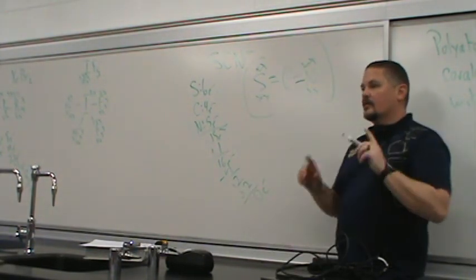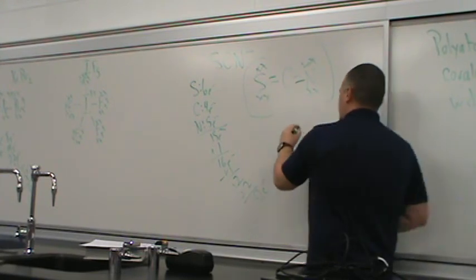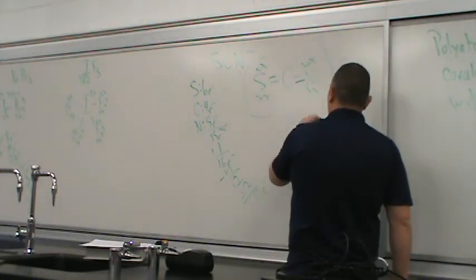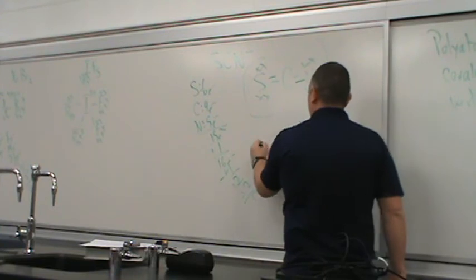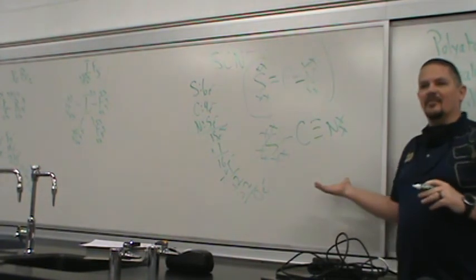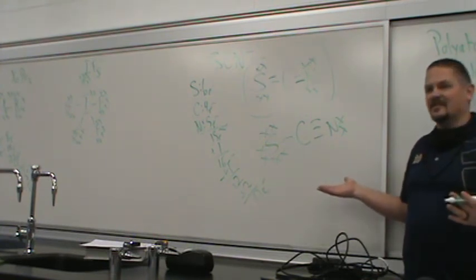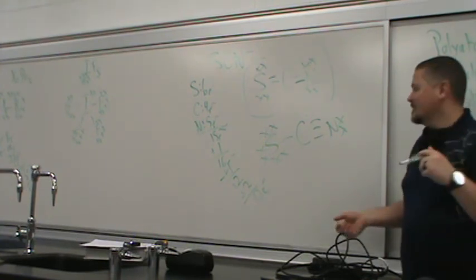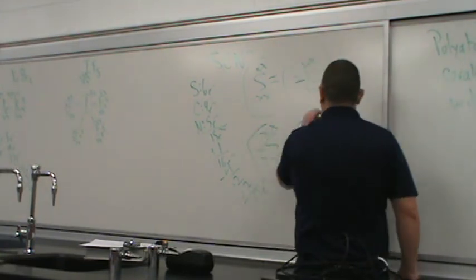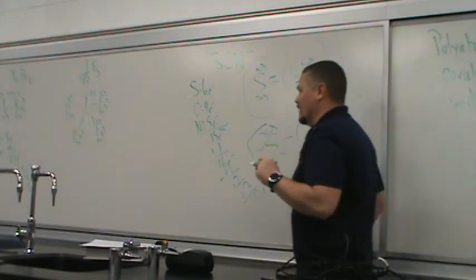That is correct. Now, did anybody do this? A triple bond. Did anybody make a triple bond between nitrogen and carbon and a single bond to sulfur? Guess what? That is also correct. Did anybody do this?